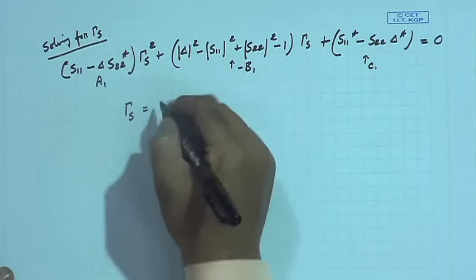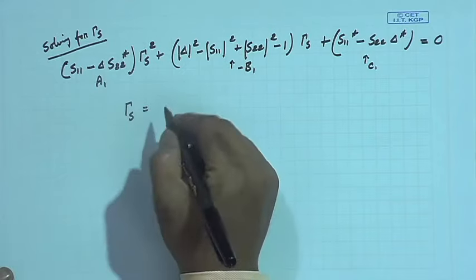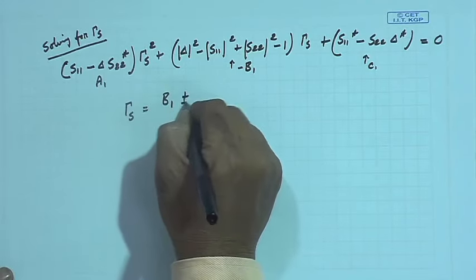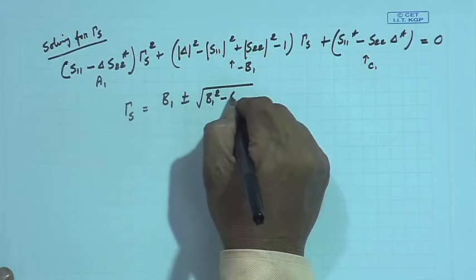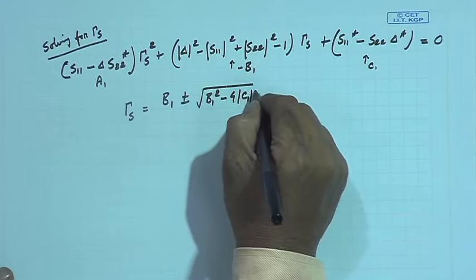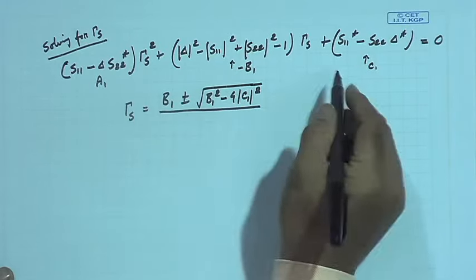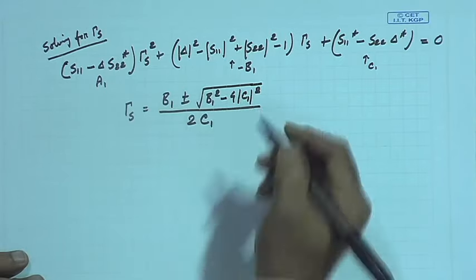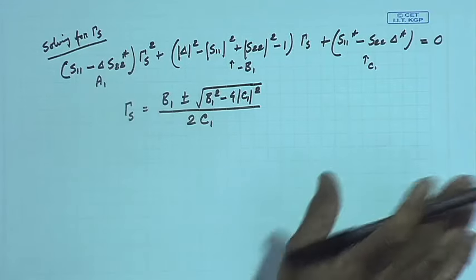So I can write gamma S, remembering that I have taken minus B1 instead of B1, as B1 plus minus root over B1 square minus 4 A1 C1, over 2 A1. This is Sridharacharya's formula, an Indian contribution. The only thing is that A1 and C1 are complex numbers, but the formula still holds.